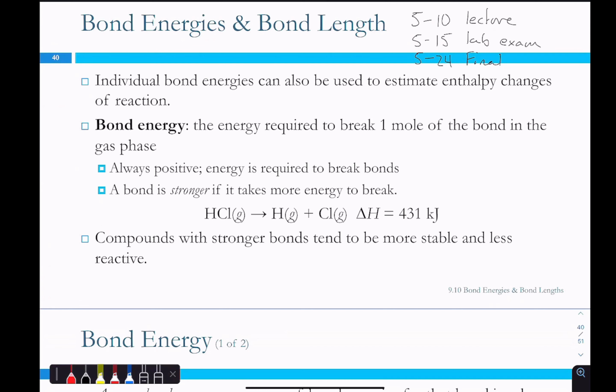So anytime we do a chemical reaction, we're breaking bonds and we're forming bonds. And breaking bonds always requires energy. It always takes energy to break a bond, so that's always going to be a positive amount of energy. And a stronger bond is going to take more energy to break.